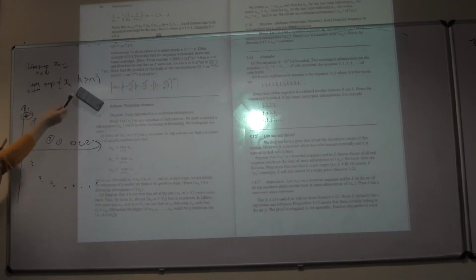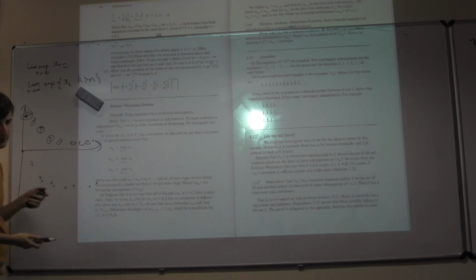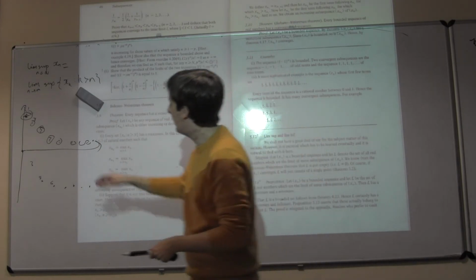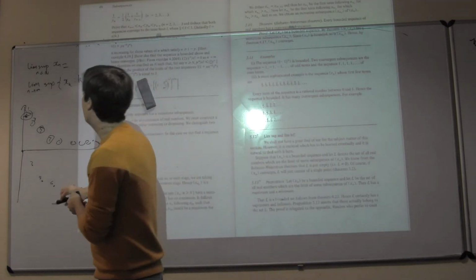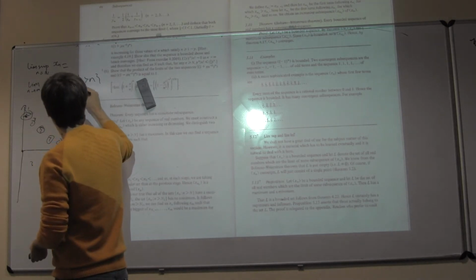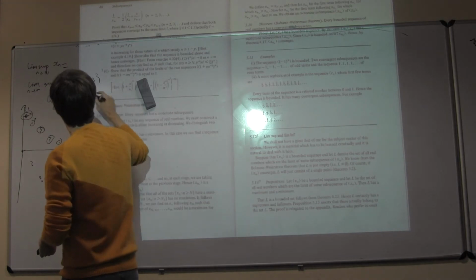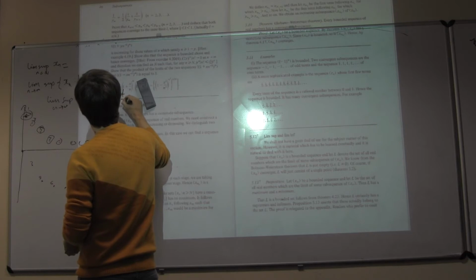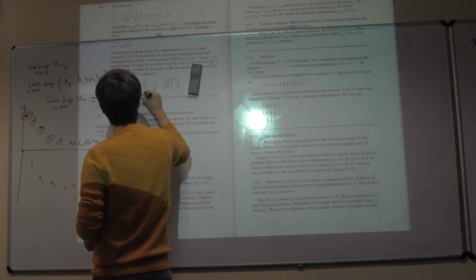So this is called the limit superior, or the limit inferior. If a sequence has a limit, then lim sup of x_n as n goes to infinity will be equal to lim inf of x_n as n goes to infinity.